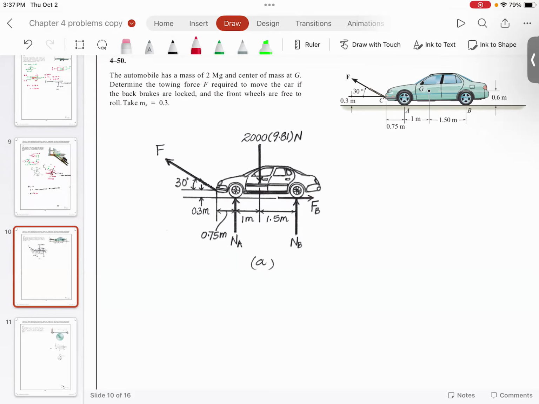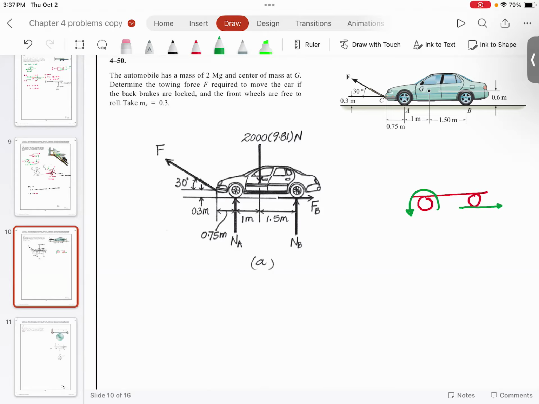So in this particular problem, you have front wheels and you have rear wheels. Front wheels can roll, and once something starts rolling, the coefficient of friction is very low. But the back wheels are braked, so basically you are sliding the back brakes. That's not a very good idea, if you ask.